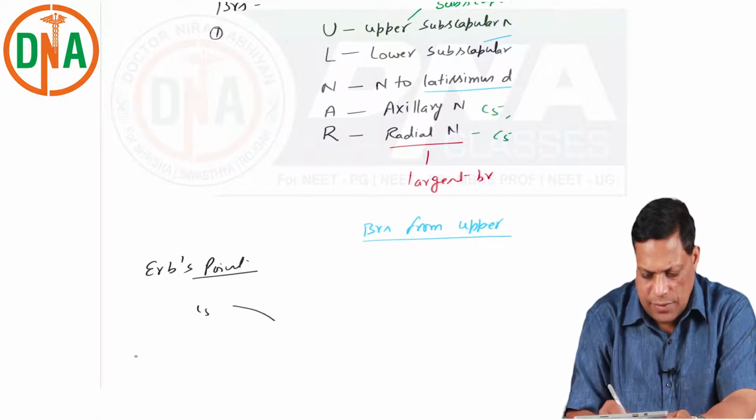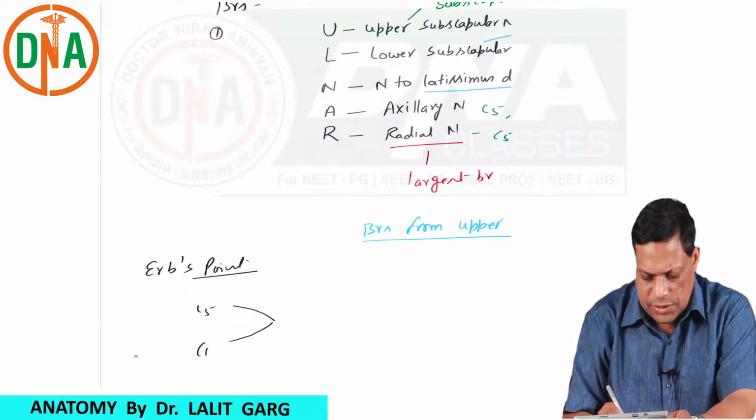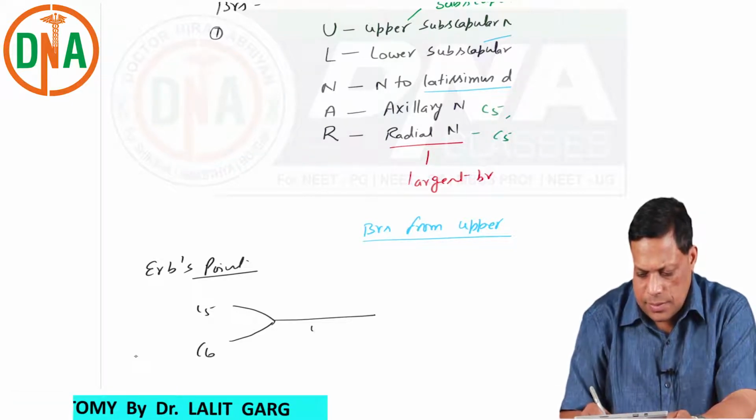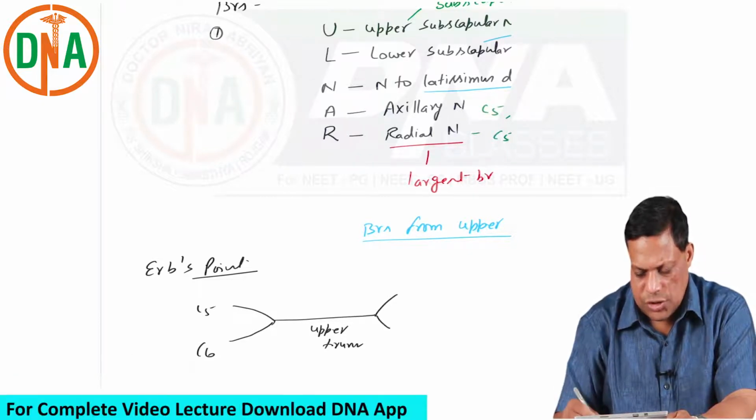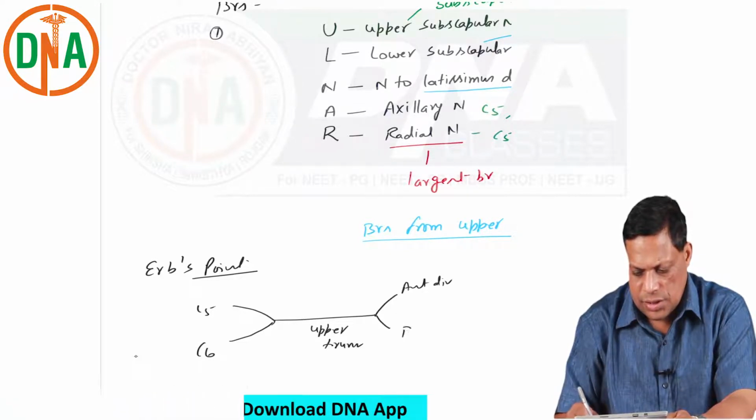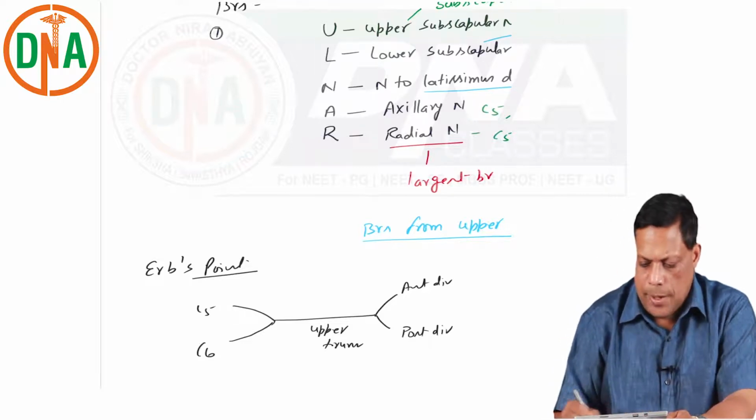See the AIIMS point. The C5, C6 both unite to form the upper trunk, and then this upper trunk bifurcates into 2 branches. This is the anterior division, this is the posterior division. Clear?